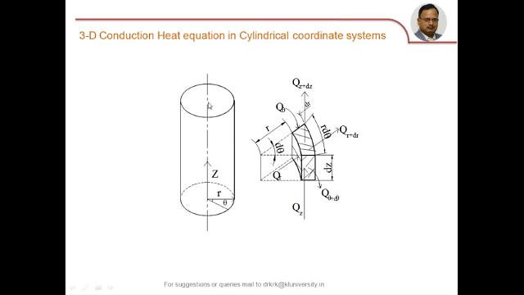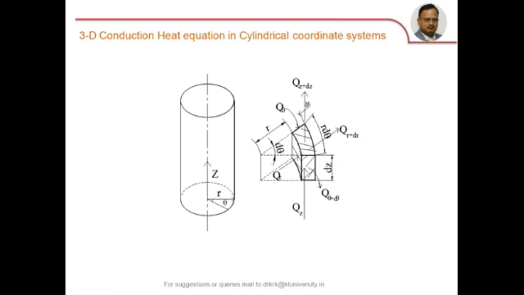Now in the z direction we consider the depth of the element as dz. So now it is a three-dimensional cylindrical element having dimensions in radial direction dr, in theta direction a dimension of r d theta, and in z direction a height of dz.